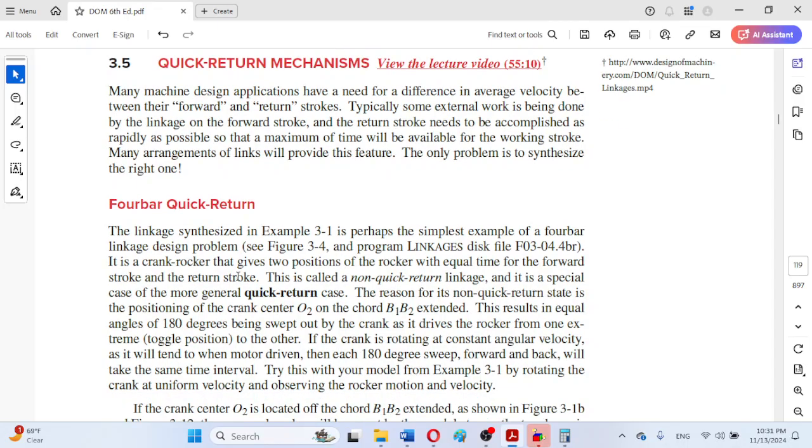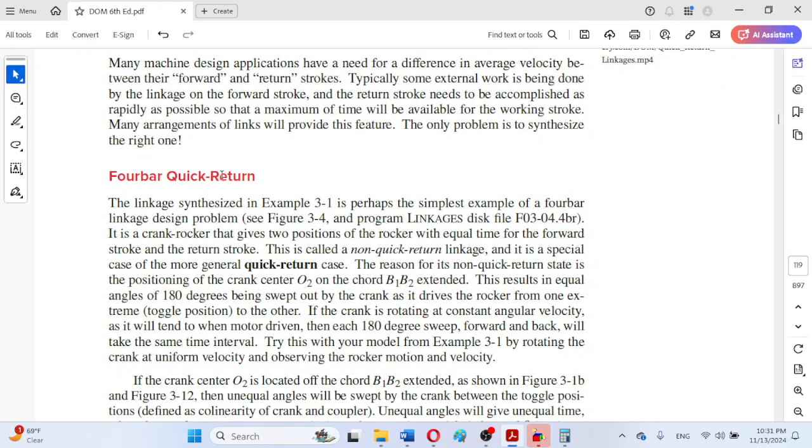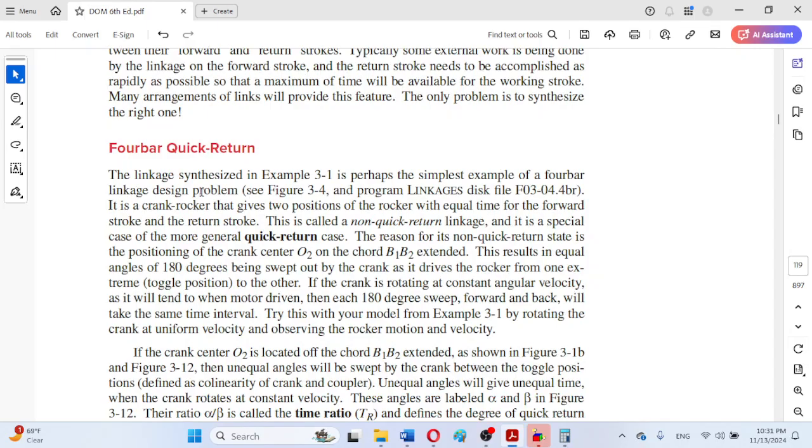So here the author states that the linkage synthesized in example 3-1 in the previous video which I have explained is perhaps the simplest example of a 4-bar linkage design problem.